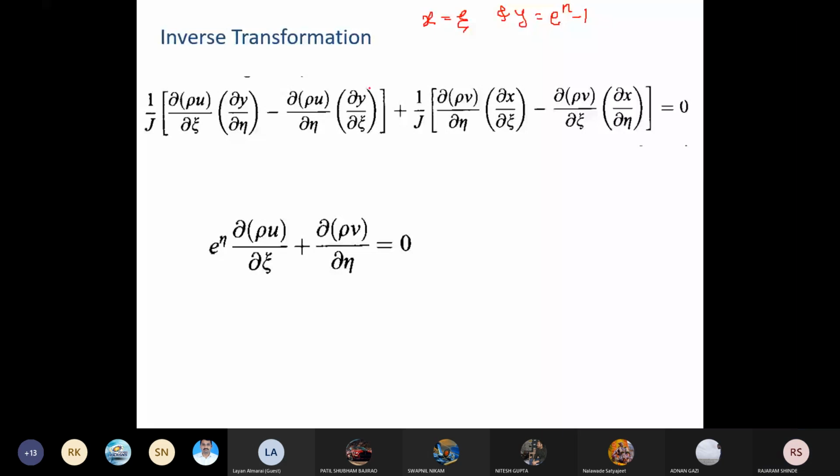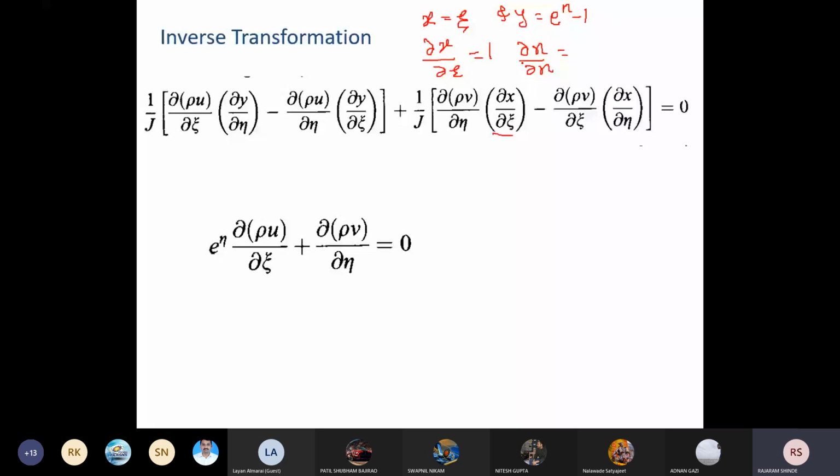Now ∂x/∂ξ is equal to 1. Now ∂x/∂η, when we differentiate this equation with respect to η, it becomes 0.